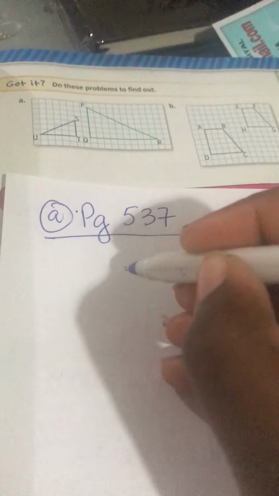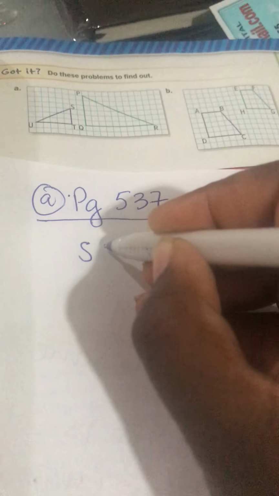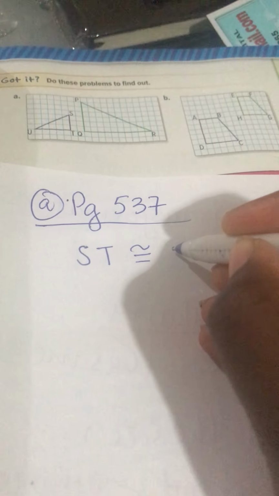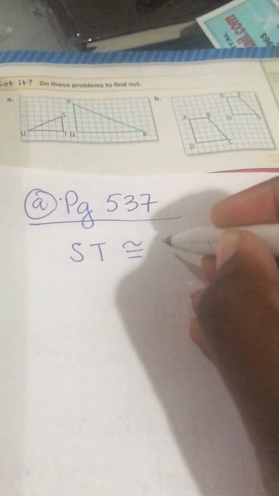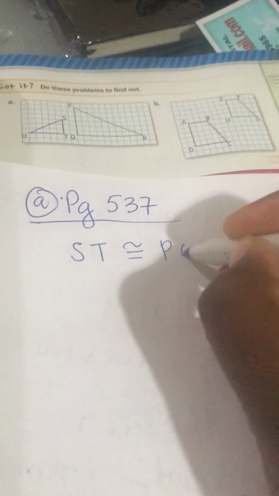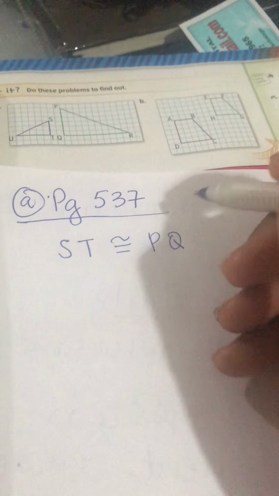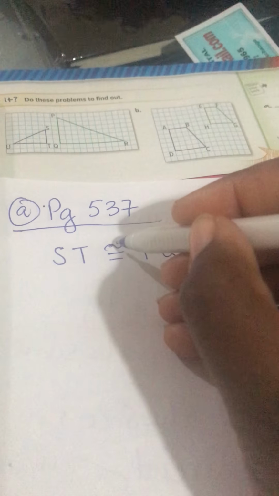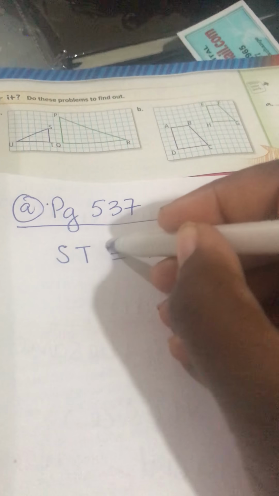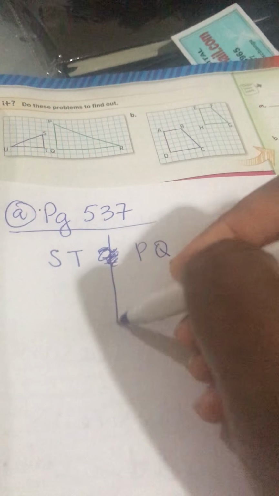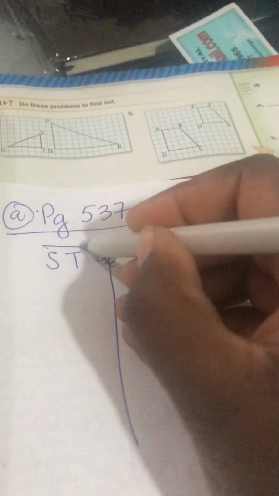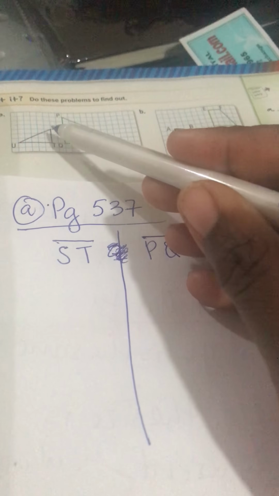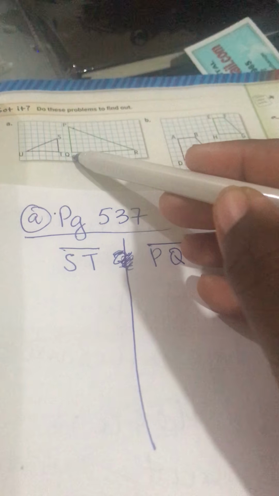All right. So we're going to say ST is corresponding to PQ. Corresponding, not congruent. I should just say corresponding. Don't use this sign, but you know what I mean. So side ST corresponds to PQ. ST, PQ.